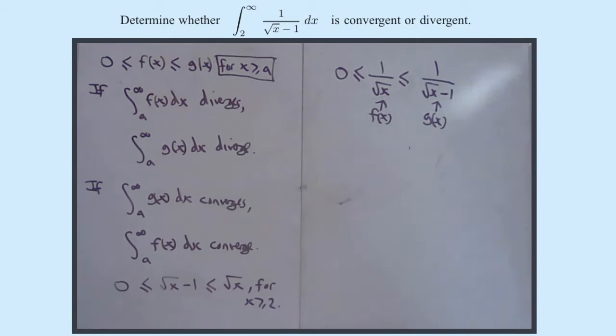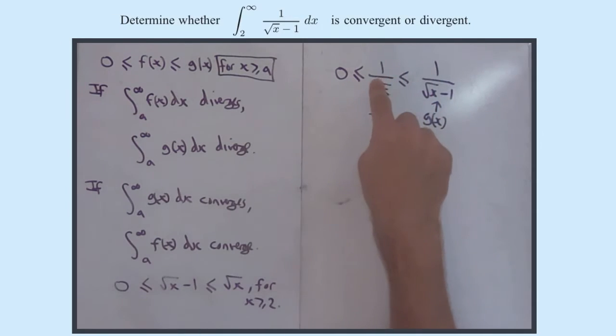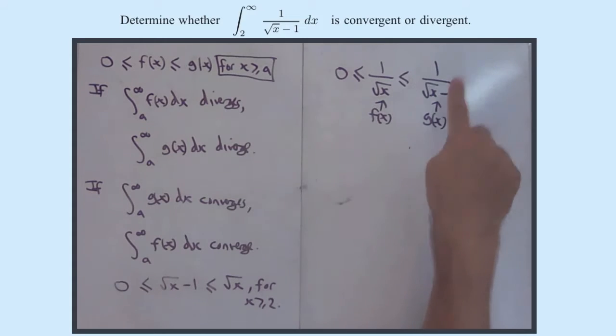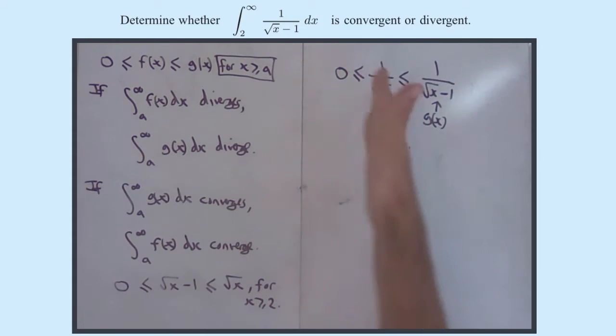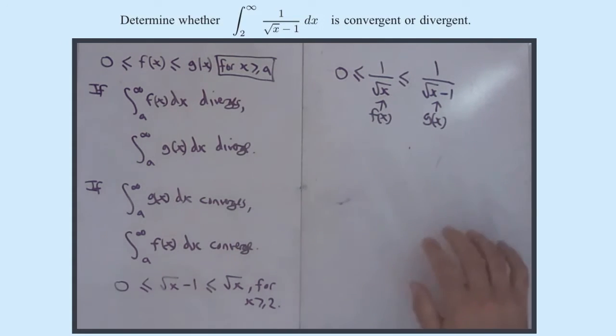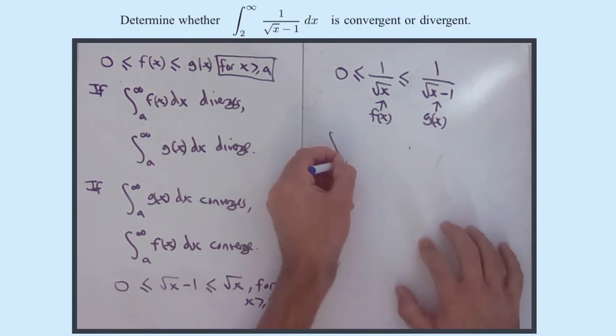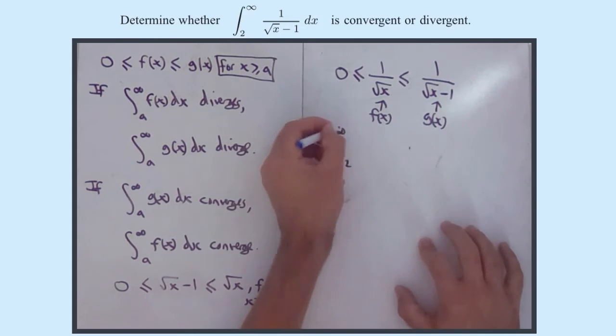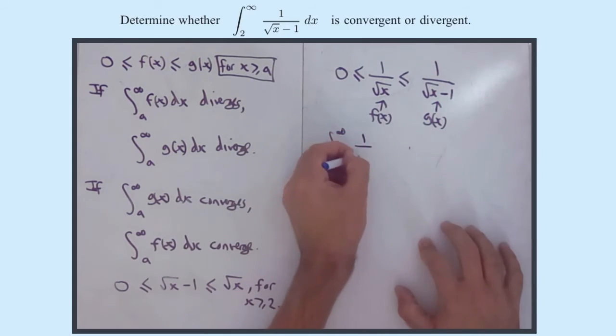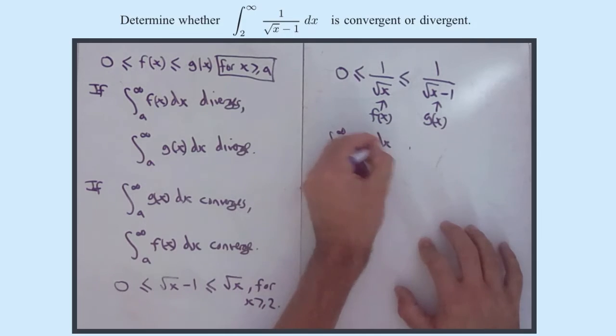If we can show that the small one diverges, then it will prove that this diverges because this situation is true. So the integral between 2 and infinity of 1 over root x dx.